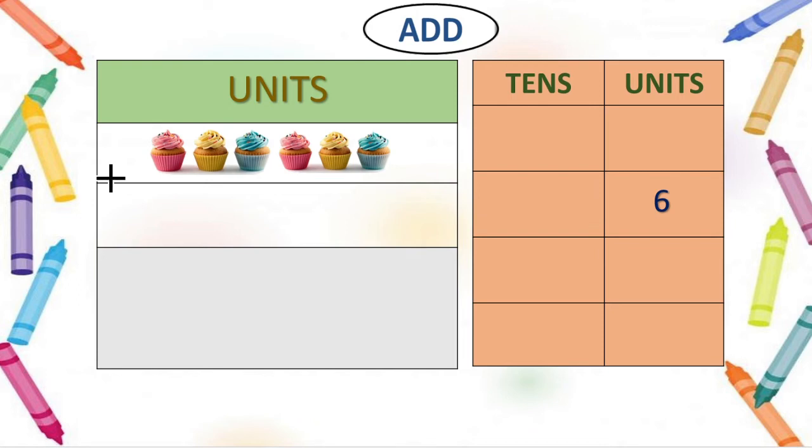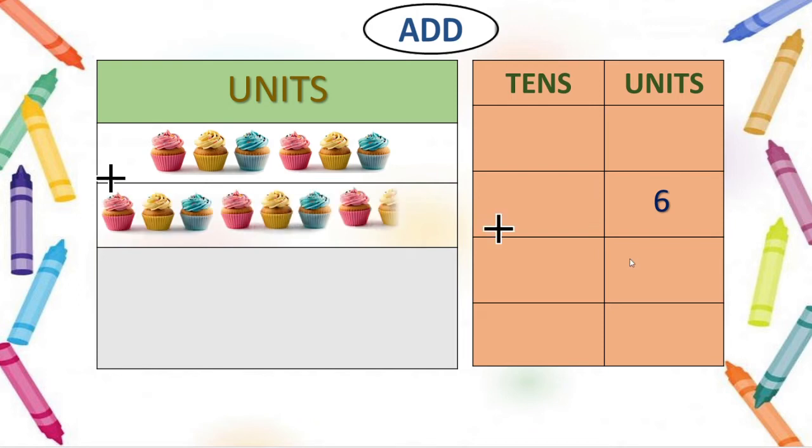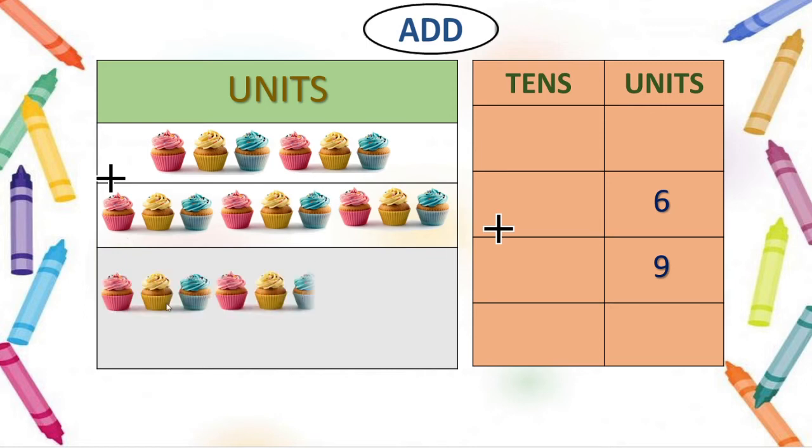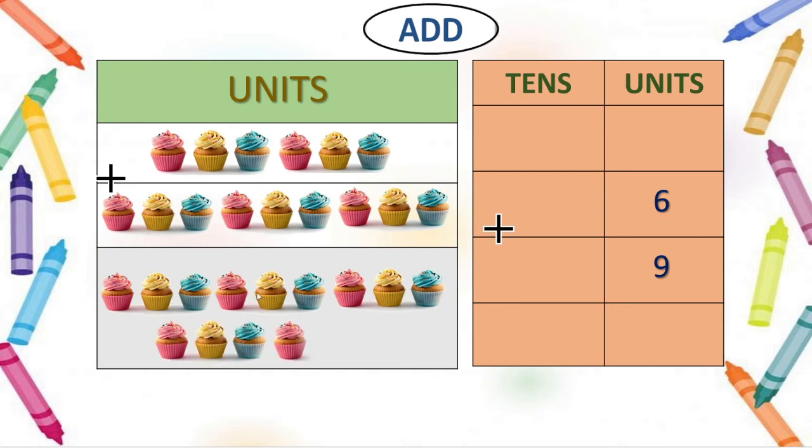Next, plus. How many ice cream cups are there? Let us count. 1, 2, 3, 4, 5, 6, 7, 8, 9. So here 9 units. What is the answer? Let us count all together. 1, 2, 3, 4, 5, 6, 7, 8, 9, 10, 11, 12, 13, 14, 15. 6 plus 9 is equal to 15.